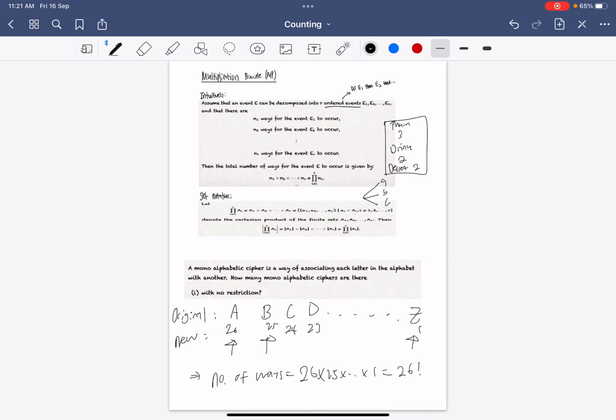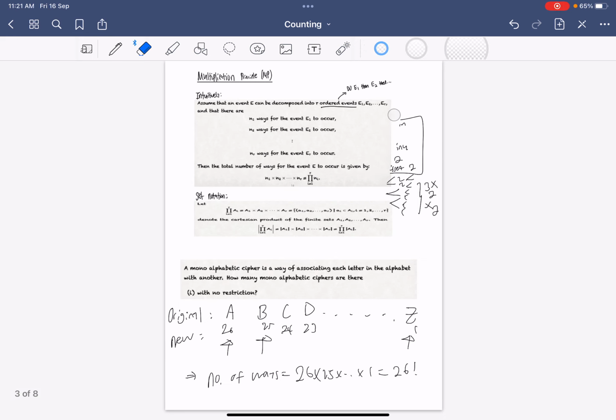And so for the next option, you have 2 for each of the A, B and C, and lastly when you choose the dessert, you have 2 again. And so the total number of ways is now 3 times 2 times 2.